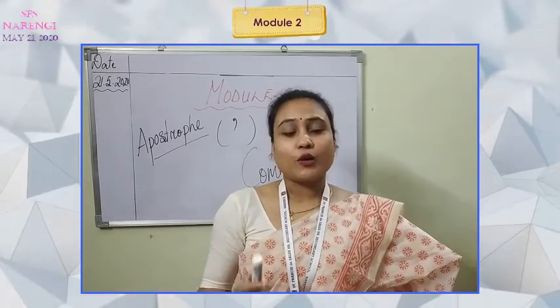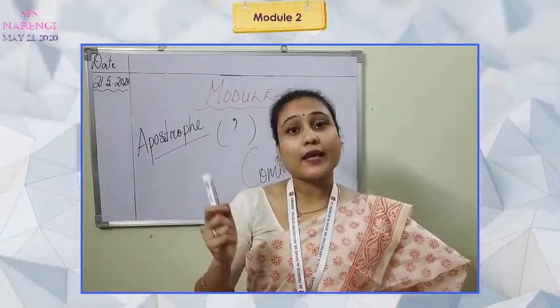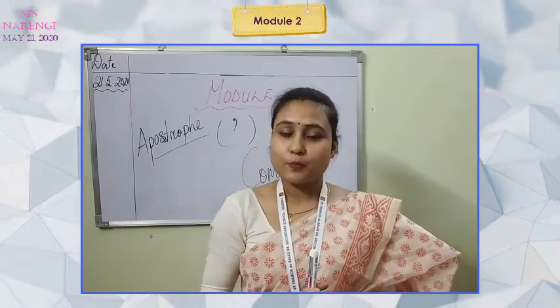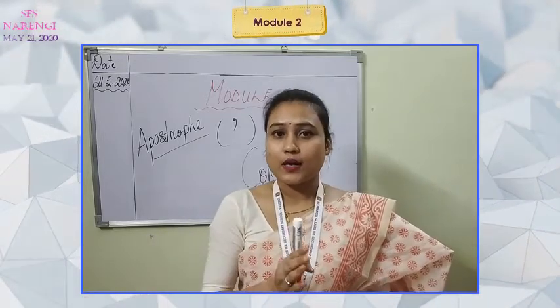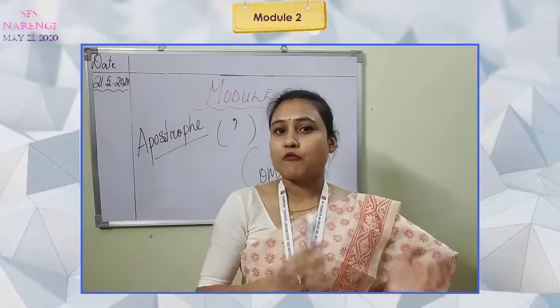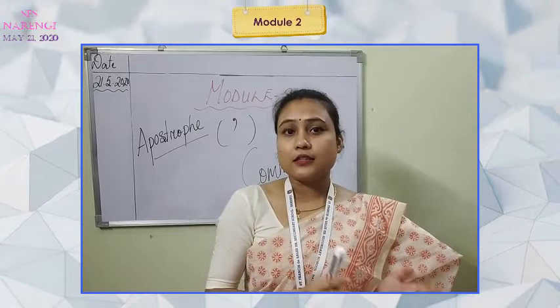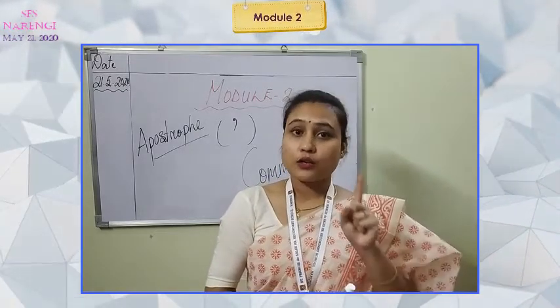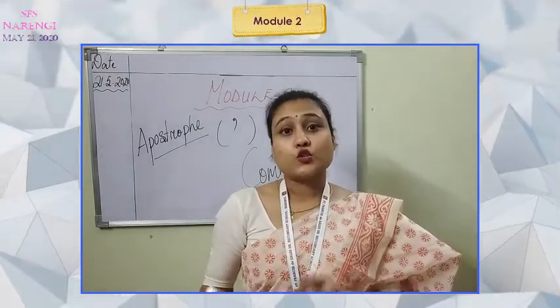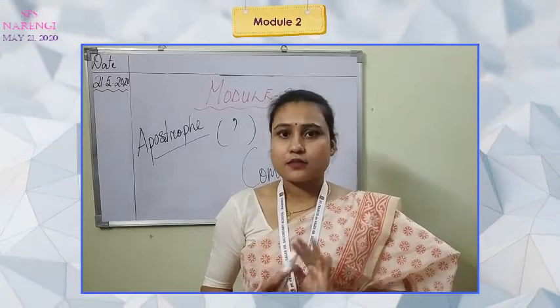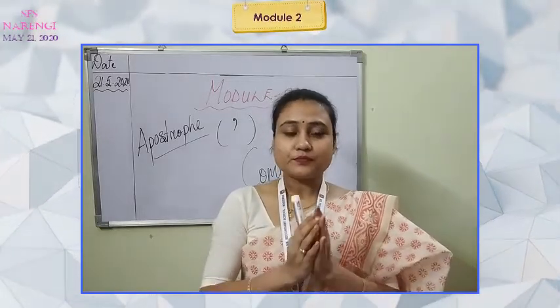B-O-Y, boy for singular. S for plural. So we have added only one S to make from one to many. Like again, girl, G-I-R-L. Girl, one. Girls, G-I-R-L-S, many. Got it? Okay.